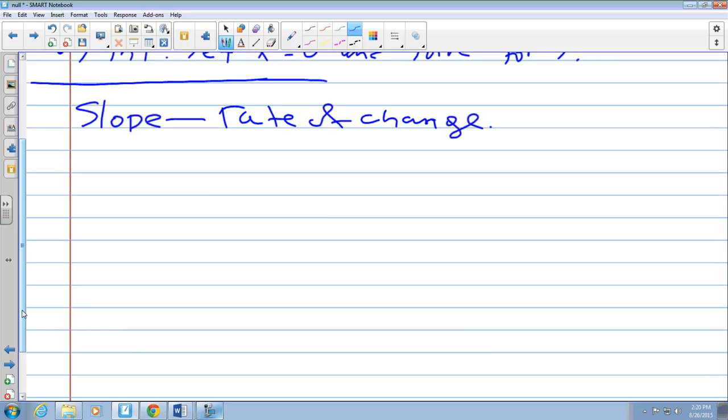For every hour, that's your gain. Your speed, driving along at whatever miles per hour, is the rate at which your position changes with respect to time. So slope is the rate of change. We'll keep that in mind. It might come in handy one day, and it gave us the scientific revolution and such. We got that point. Okay, good.